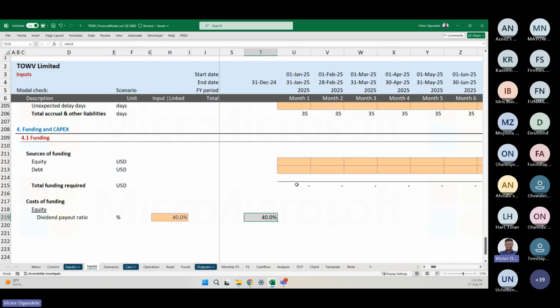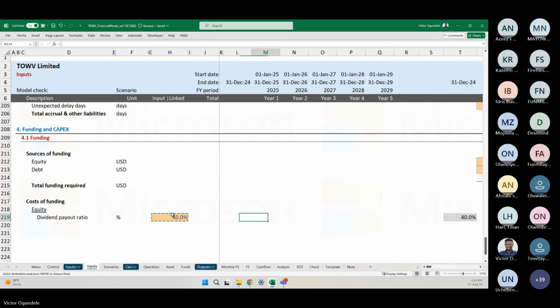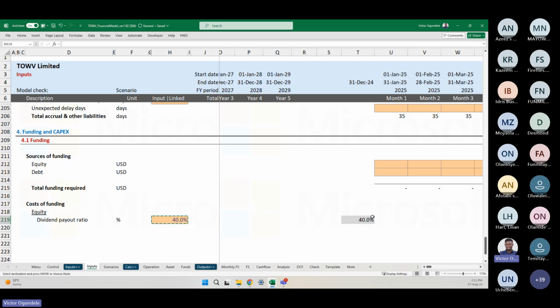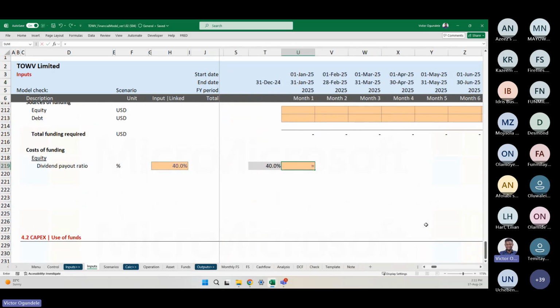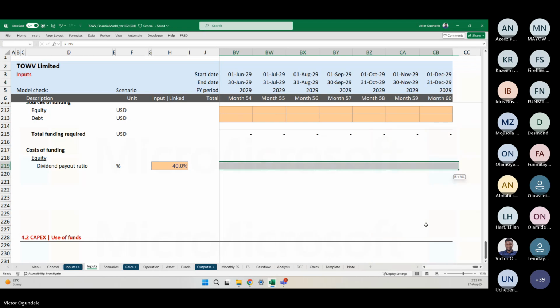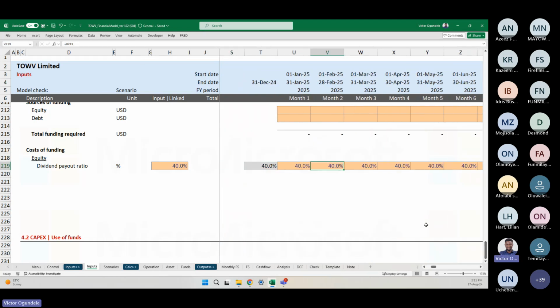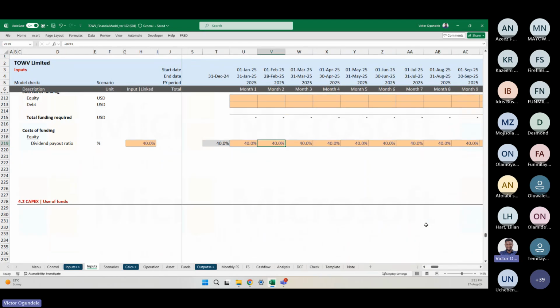So format it like this, even though we still give them room to change any of the applicable dividend payouts in either of the periods, but make sure you link it to that base. Just link it to the base so that whenever they change it for any month, it just continues to other months like that. That'd be a good one.